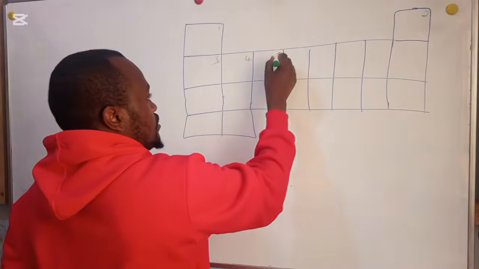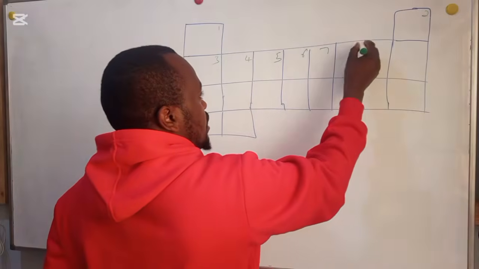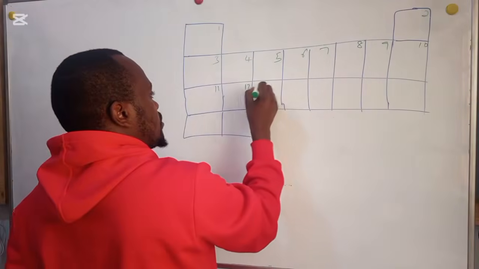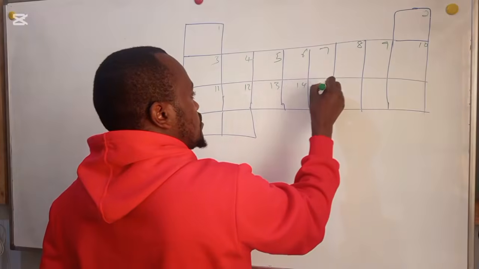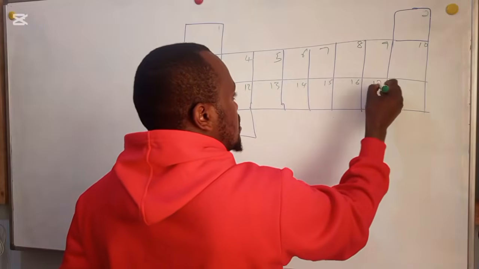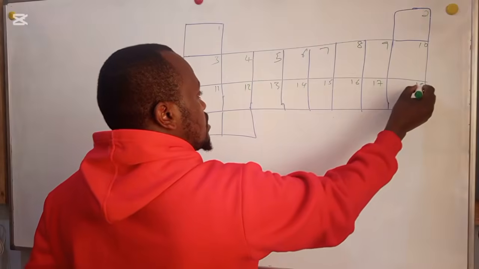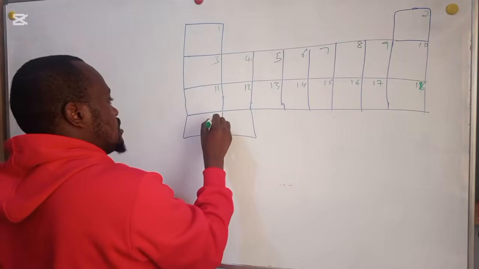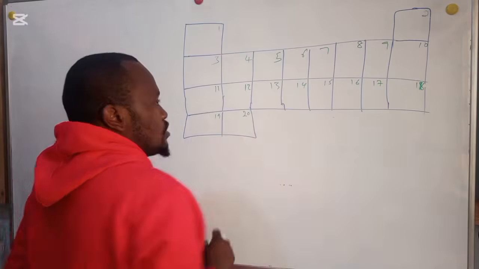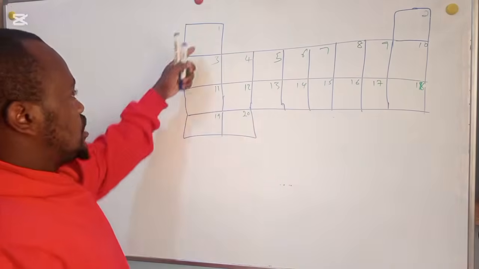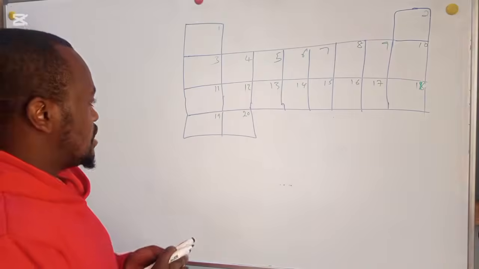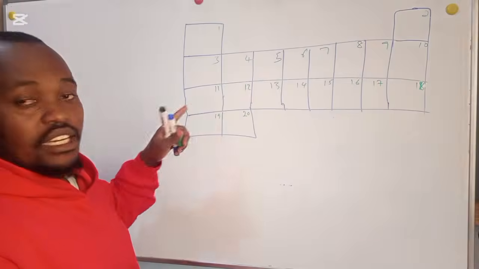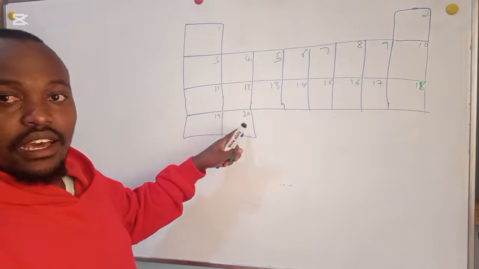This one has 4. 5, 6, 7, 8, 9, 10, 11, 12, 13, 14, 15, 16, 17, 18, 19, 20. So it is important to know that in each of these boxes is an element, and the atoms of those elements have the atomic number indicated with a green marker pen.